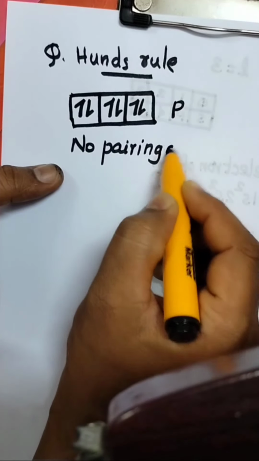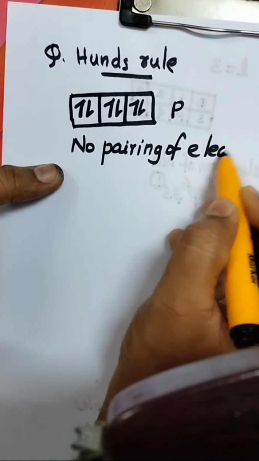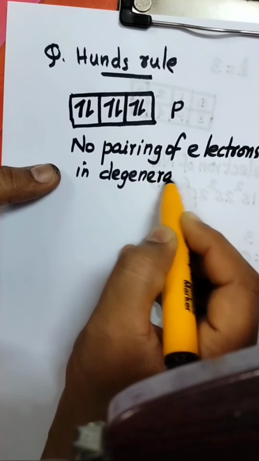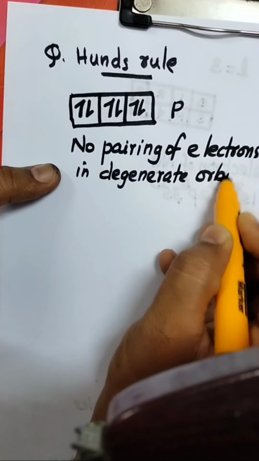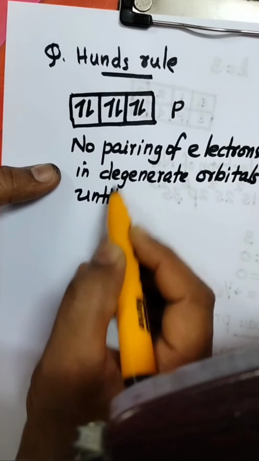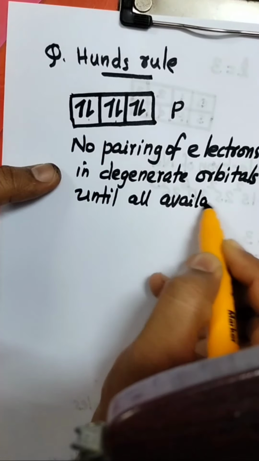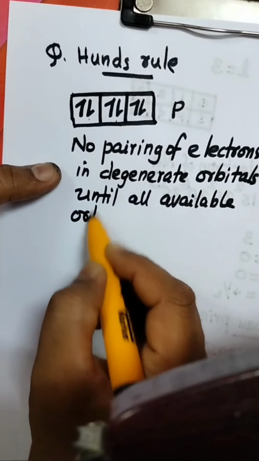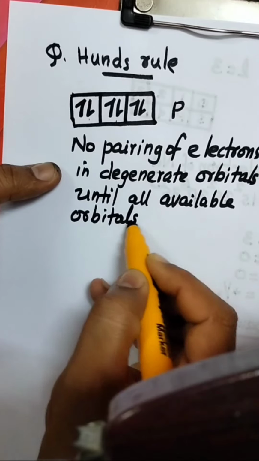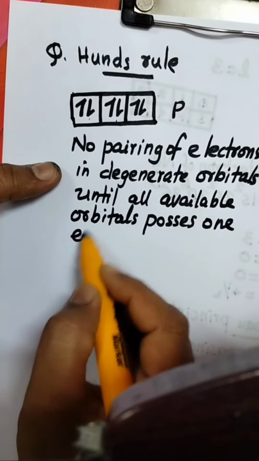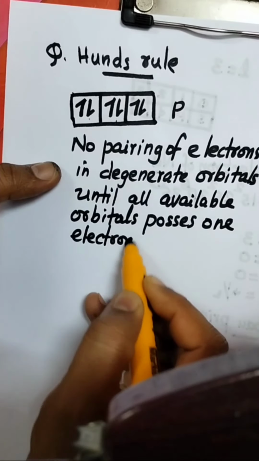So there is no pairing of electrons in degenerate orbitals until all available orbitals possess one electron each.